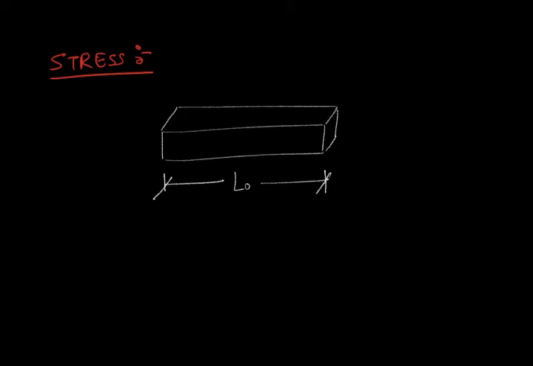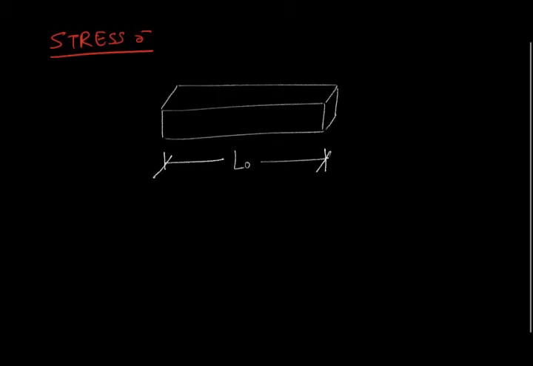Now, this body is under equilibrium and it is stable in its minimum state level of energy. All right. Now what if I apply some force P naught, and let's suppose this force is uniaxial. That means this force P naught is acting in one direction only, or in one axis only.